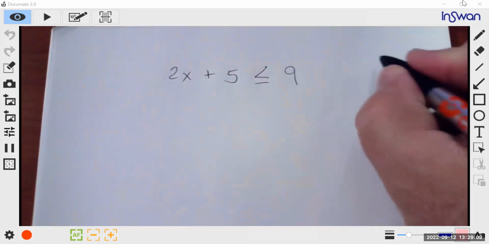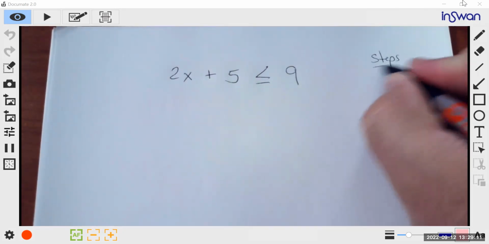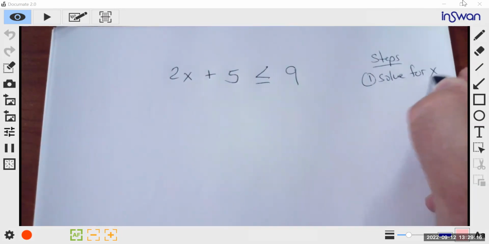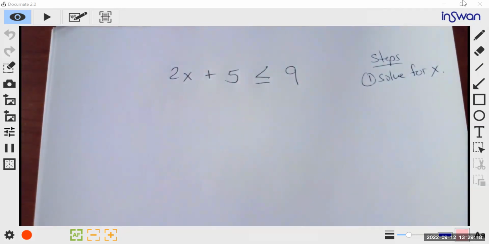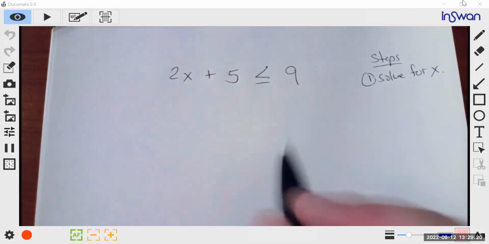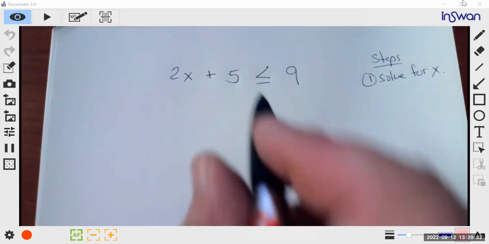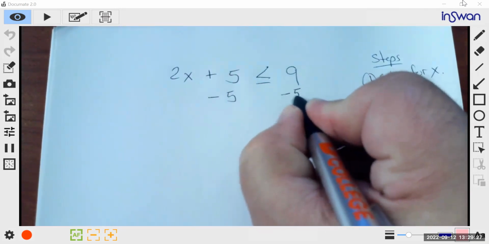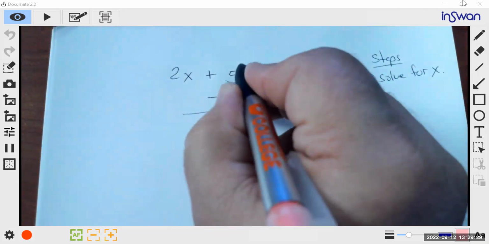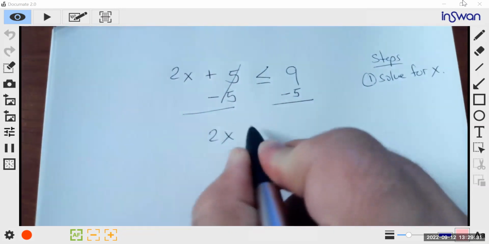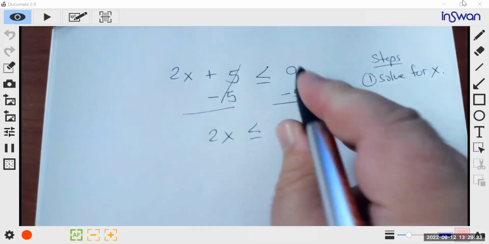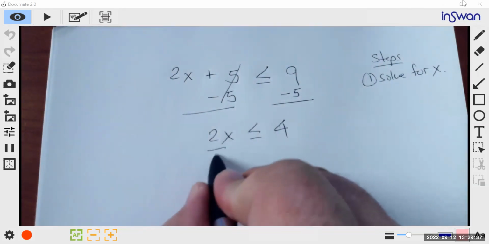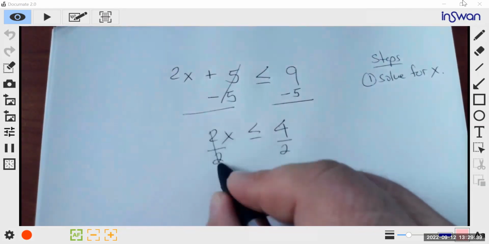So what do you think the first step's going to be? Solve for X. So we have to get rid of the 5 first. How do you get rid of the 5? So we have 2x is less than or equal to 9 minus 5, which is 4. Divide by 2 on both sides.